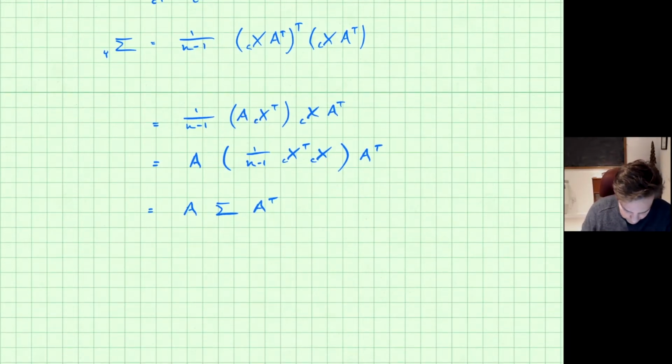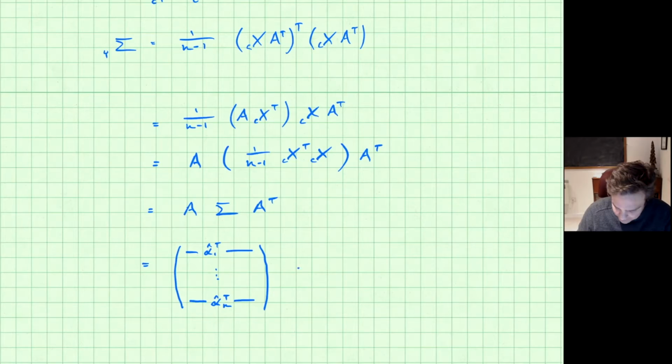Let's write it out using my line notation. So this is alpha 1 hat transpose as a row. I'm writing out the matrix A, and then dot dot dot, and then alpha n hat transpose. Now I'm not doing the two-dimensional case; I'm doing the n for the multivariate case.